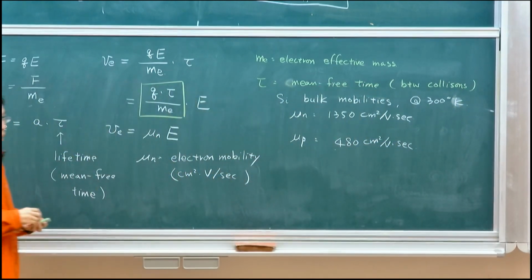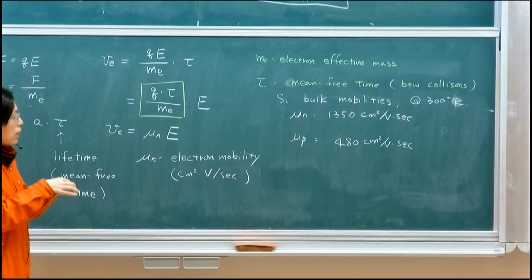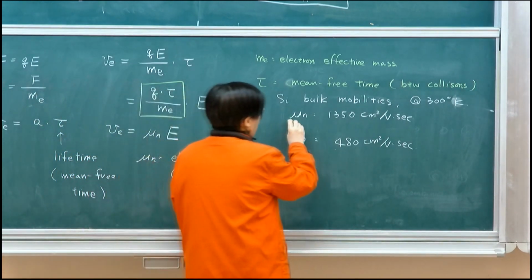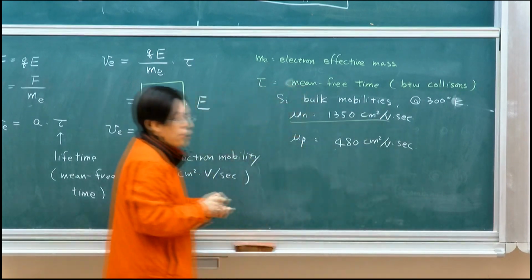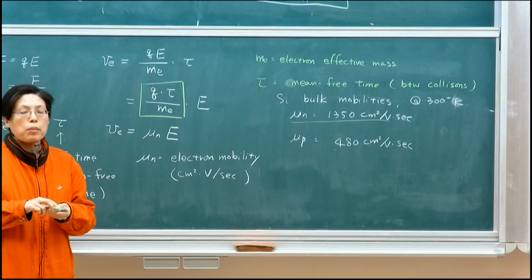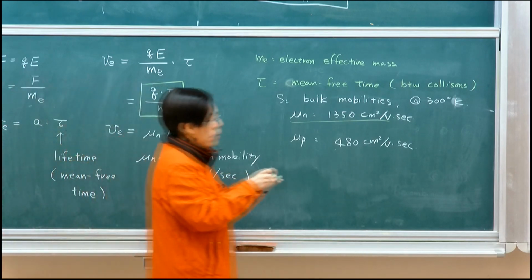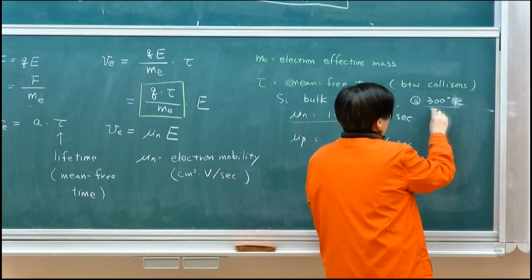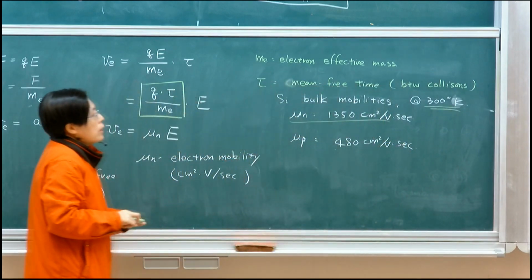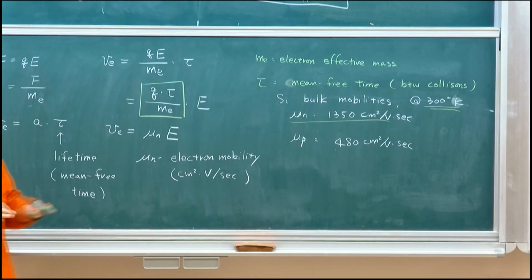about 300 degrees K. So the reason why I'm saying this is that, first of all, you have to recognize that, as I said, electron mobility is typically higher than hole mobility. The other thing is that it will depend on temperature, because temperature will affect the mean free time.